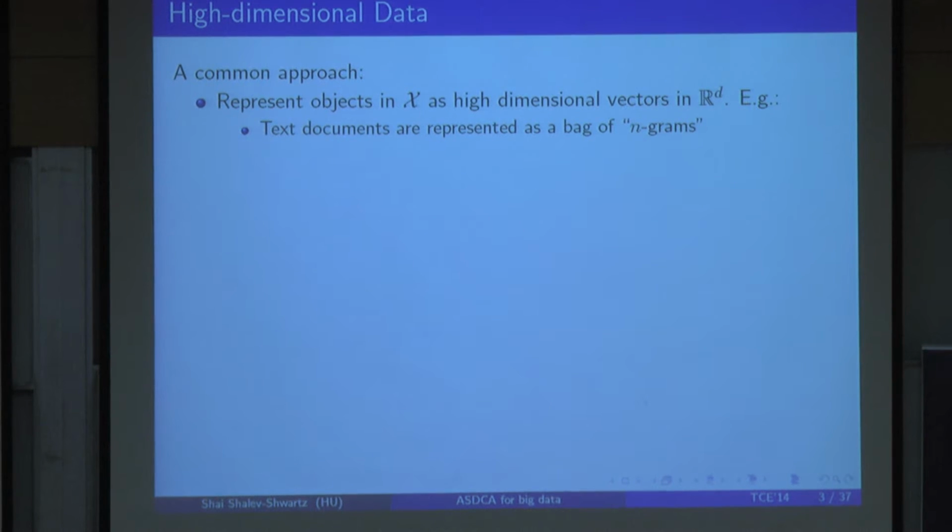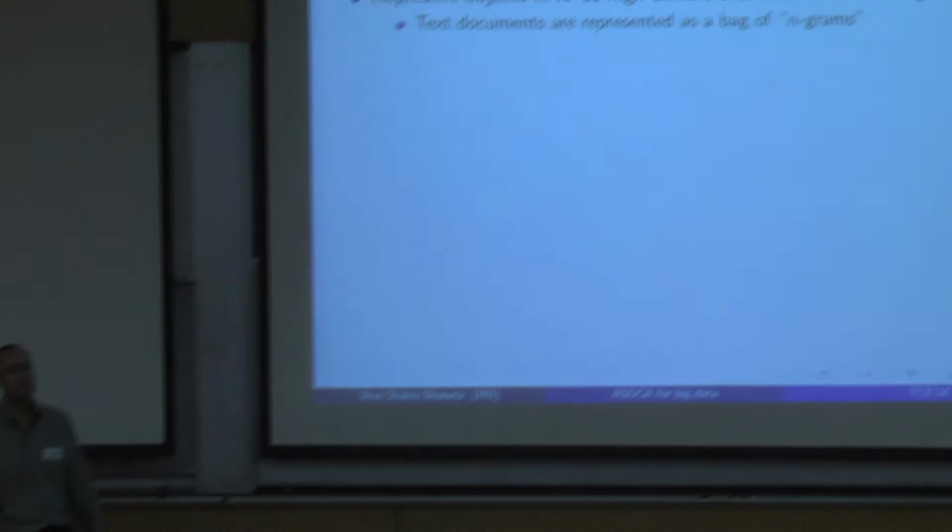You can think about a representation as n-grams, so each sequence of n words becomes one feature. The number of features is all possible n-grams, which is huge. Another example is images represented by some visual words.